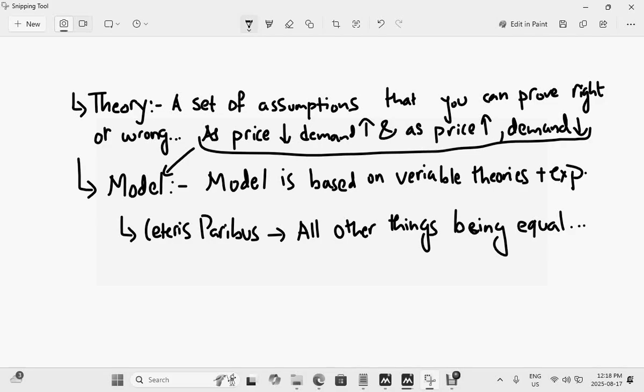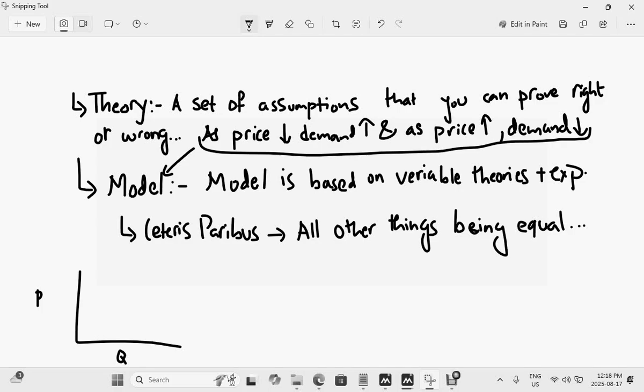All right, and the way you would test this theory is using a graph, for example, where you have your price and your quantity of units being produced. On this graph, to test your theory, you would take factors like cost of production, technology, political factors, and so on out of the equation.